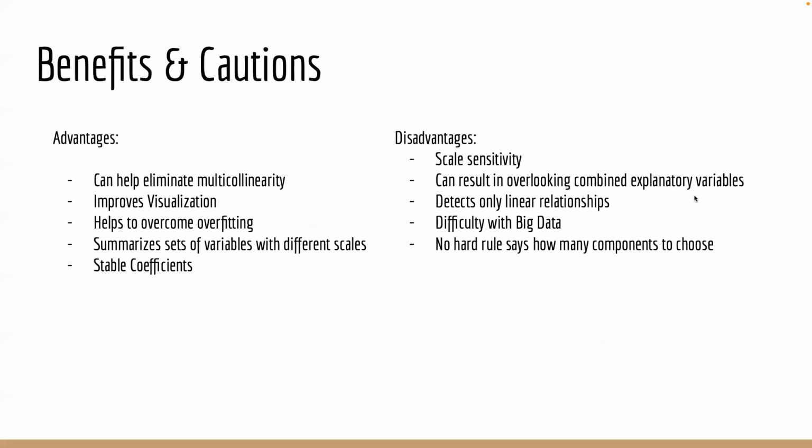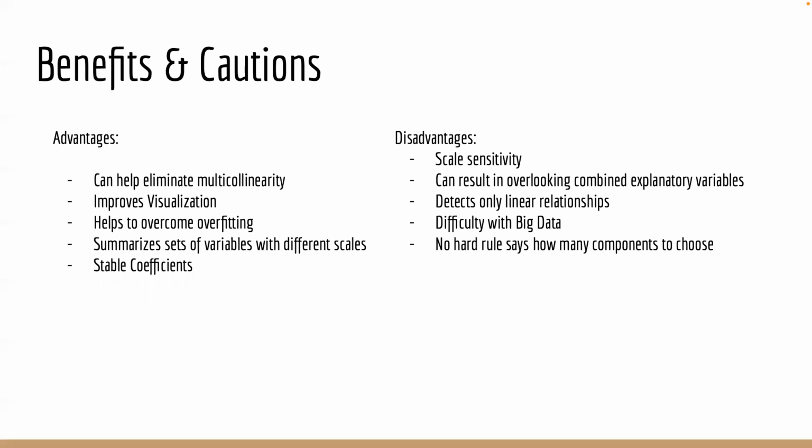Taking a look at the benefits and cautions, some of the advantages of using PCA are that it can help eliminate multi-collinearity, which is a good thing. It improves visualization, helps to overcome overfitting, summarizes sets of variables with different scales, and has stable coefficients. Some disadvantages are scale sensitivity. Unlike linear regression, results differ dramatically depending on variable scaling.